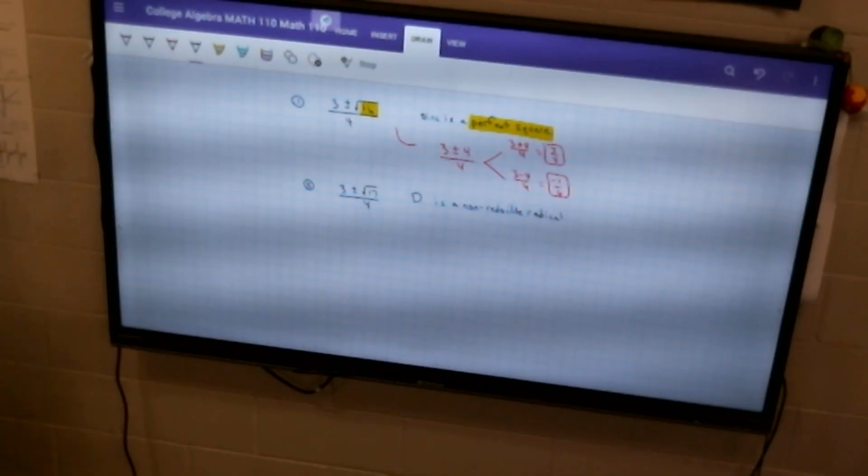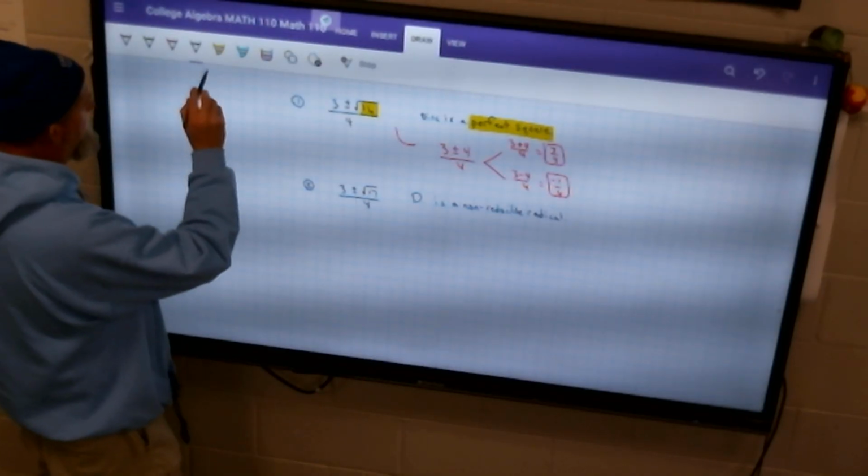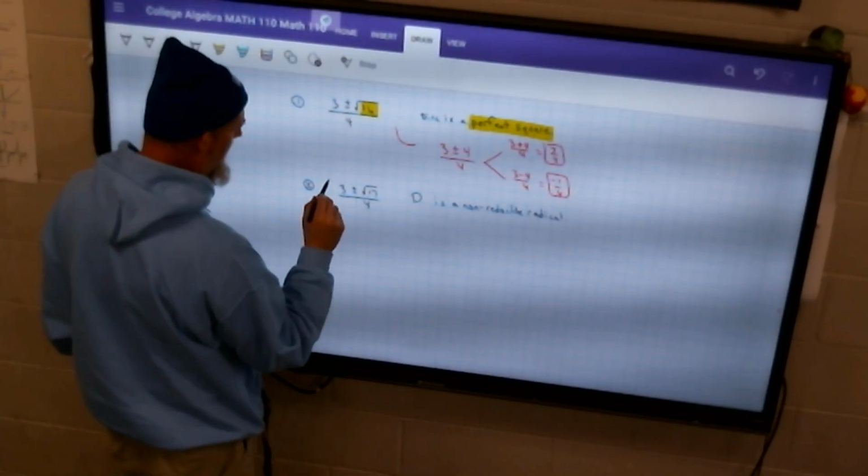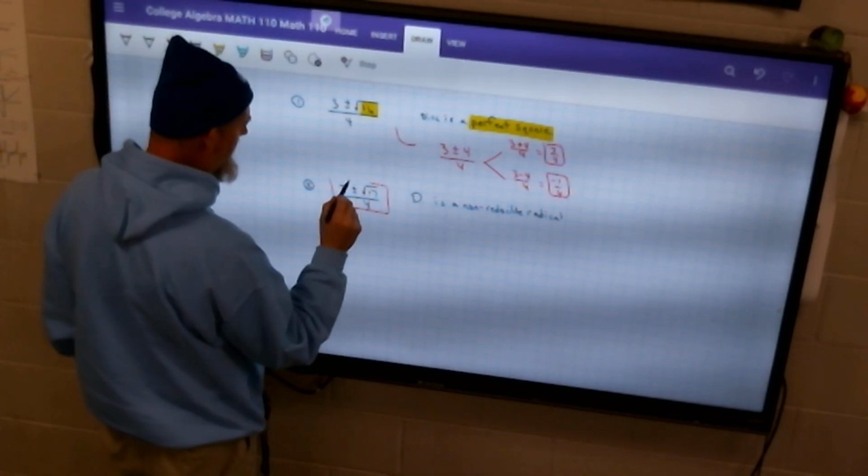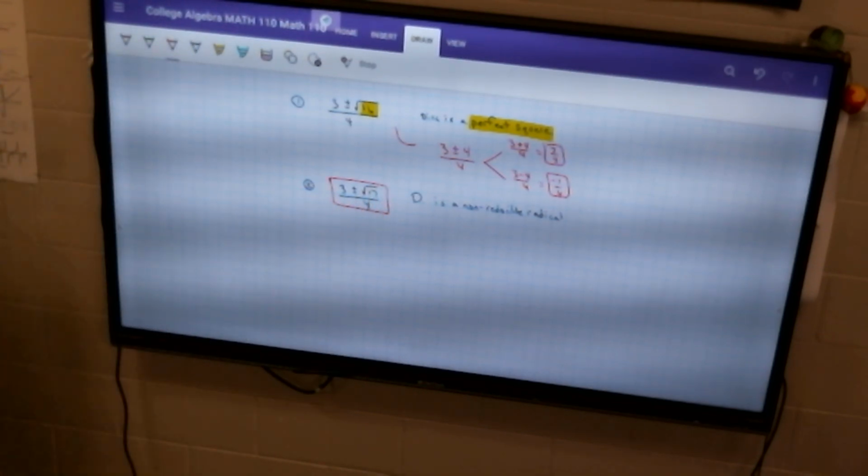We can't break it down at all. So the discriminant is a non-reducible radical, just the square root of 17. Okay? This is probably the easiest of all of them because that's your answer. We're going to leave it just like that.